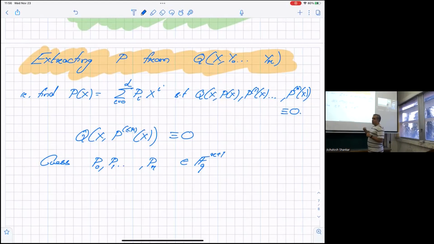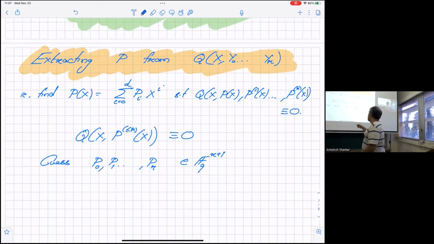Now, given this, can I make one more step in the process? I know that this is 0, and suppose I managed to guess correctly up to a particular point. I'm going to ask, can I guess one more step?